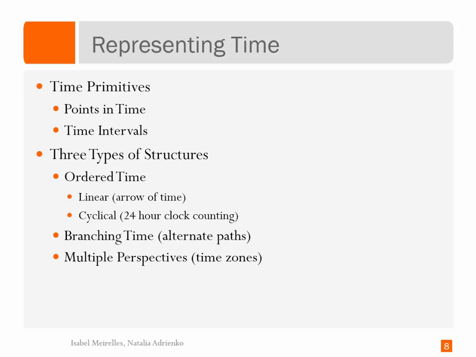I can also have what's called branching time, so some alternate paths that someone could go with different time frames. And then I can have the third, or what are known as multiple perspectives. And a good example of that is time zones. So if we ask what time is it, that might depend on where you are in the world. Your perspective might be different.